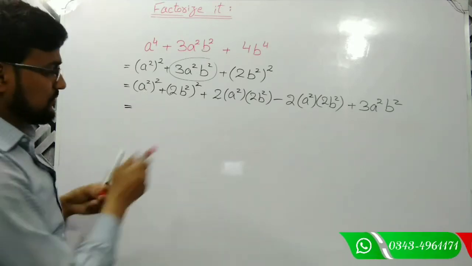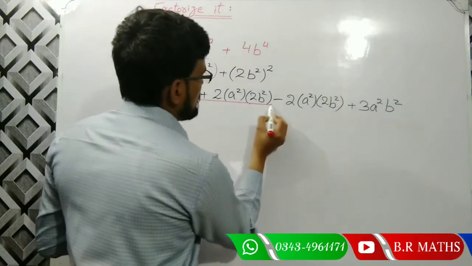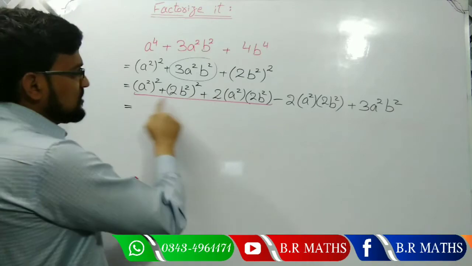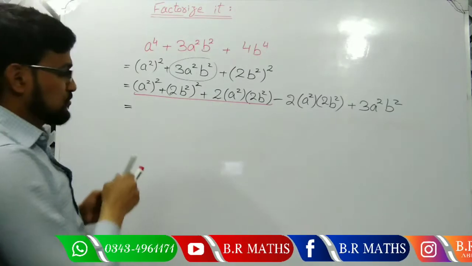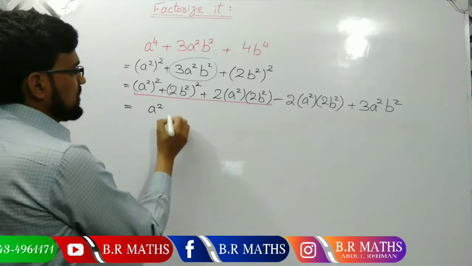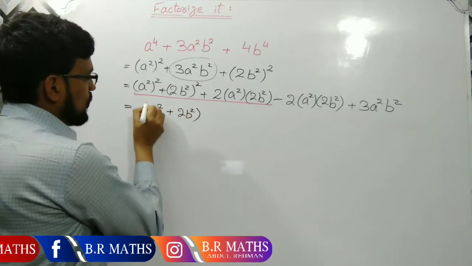And then students, see a square plus b square plus 2ab. According to the formula of whole square, these three terms form a whole square, which is equal to a square plus 2b square whole square.